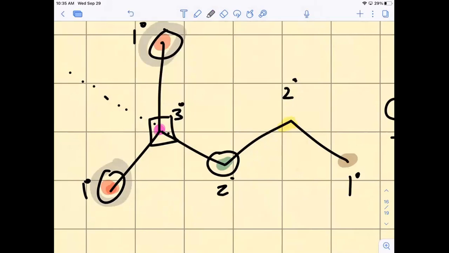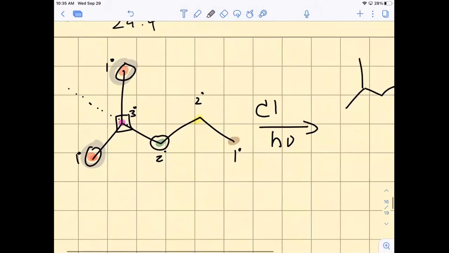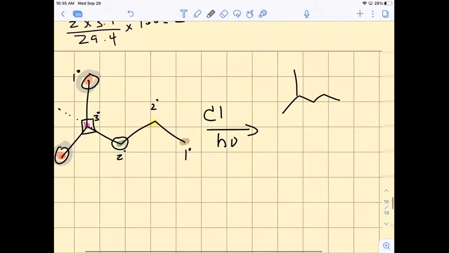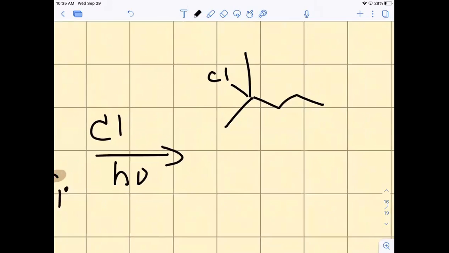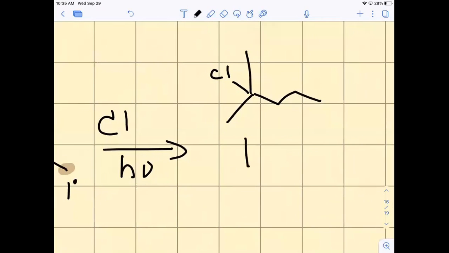And actually, we can talk about isomers now a little bit when we draw the products, because that'll help it make more sense. All right, so let's put a chlorine here. This is going to be one of my products. All right, we're going to get a chlorine here.